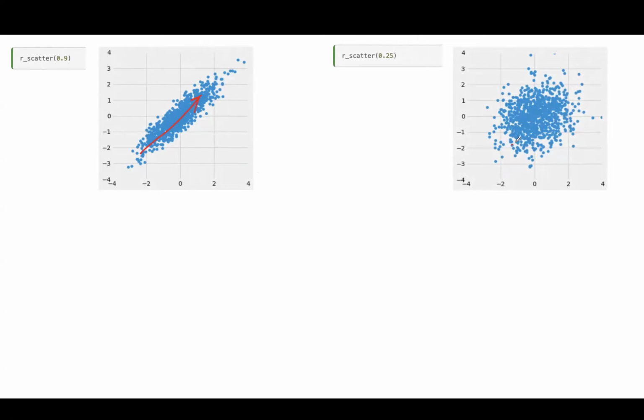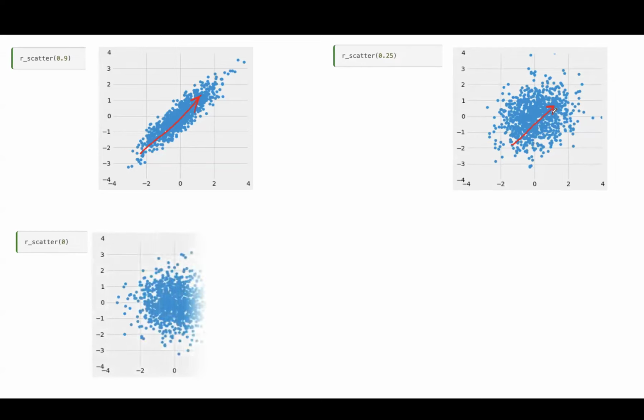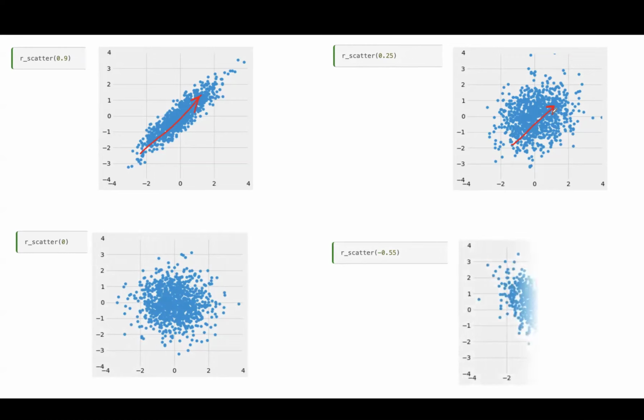Still, we see a positive trend, but it's difficult to recognize the pattern. If you pass in 0, we expect to see no recognizable pattern in the linear form. And if you pass in negative 0.55, we expect to see a weak negative correlation, which behaves like this. Decreasing trend.